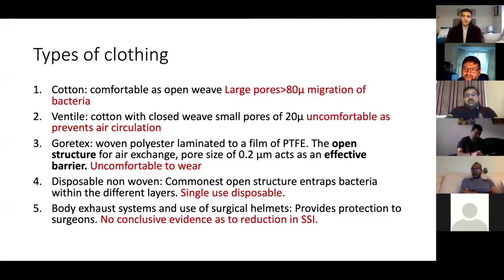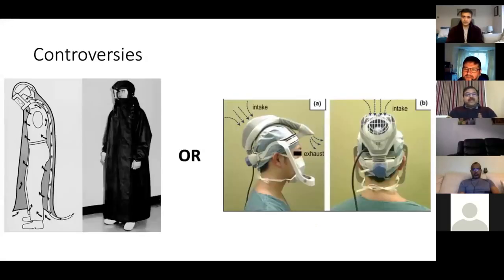Body exhaust systems and use of surgical helmets. The definite evidence is they provide protection to the surgeon. No conclusive evidence as to reduction in surgical site infection. Now, coming on to the two different types, the body exhaust system, which was by Charnley, was a negative pressure system.